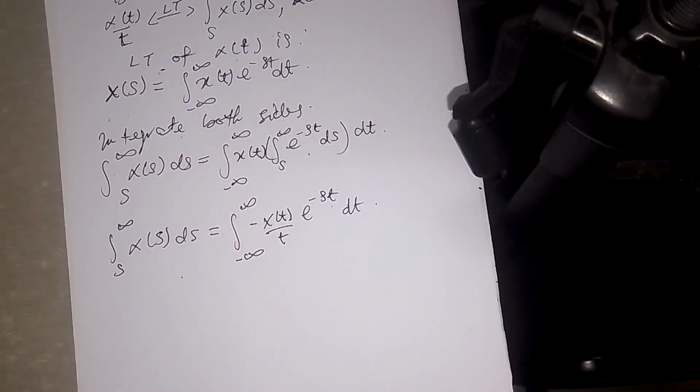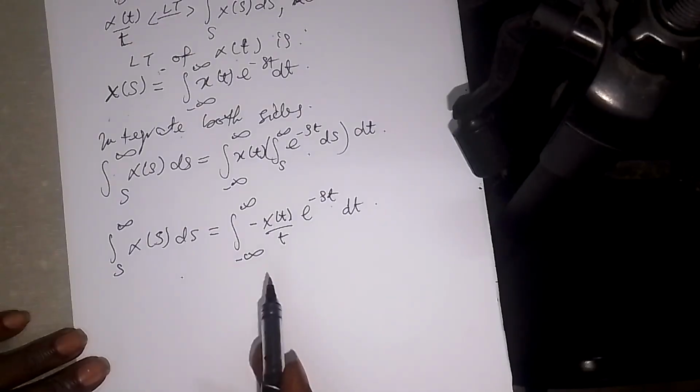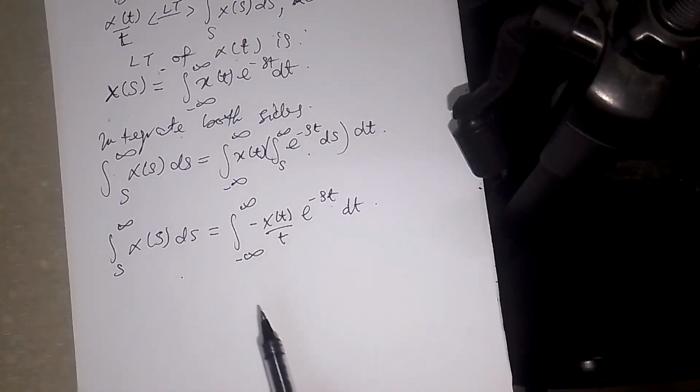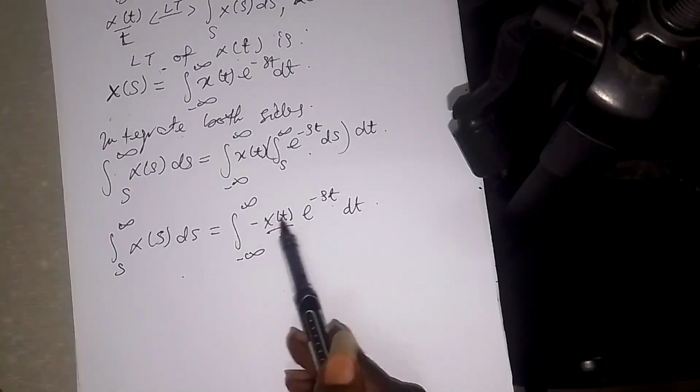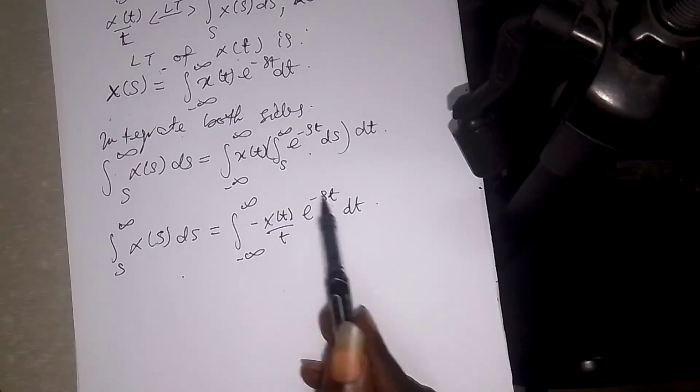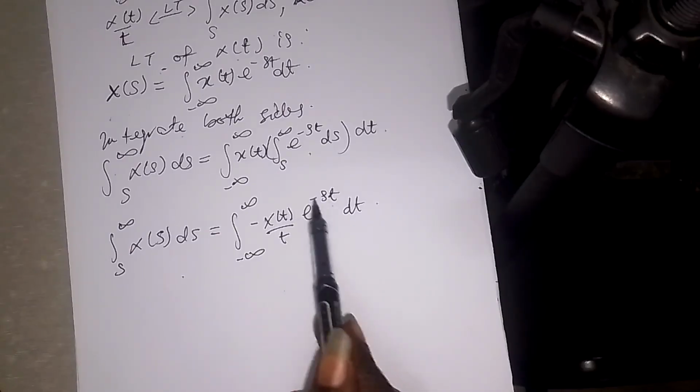It is actually finished, because if you look at this, everything you see here is x of t and e to the minus st, which is the transform that gives me x of s.